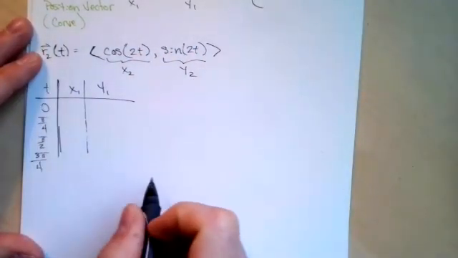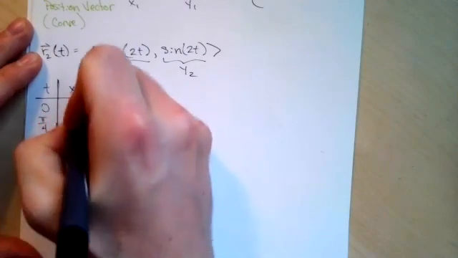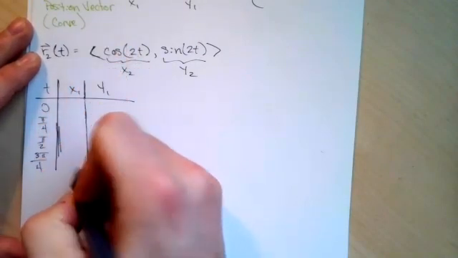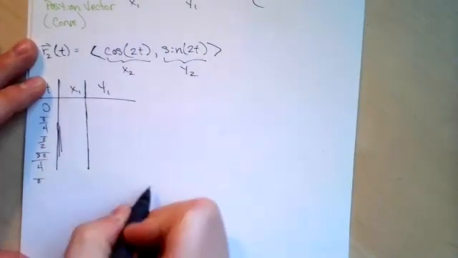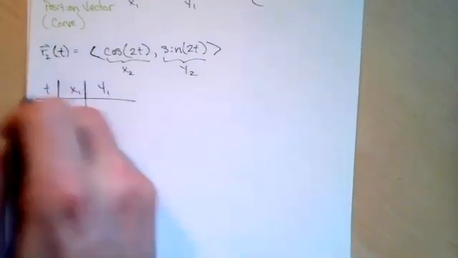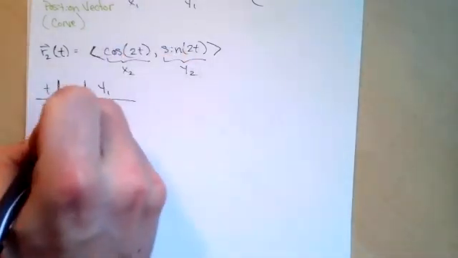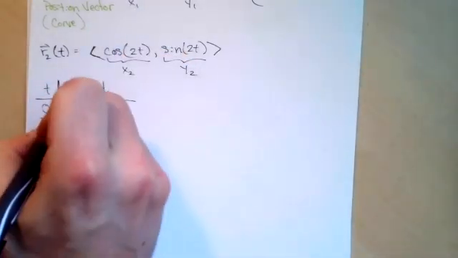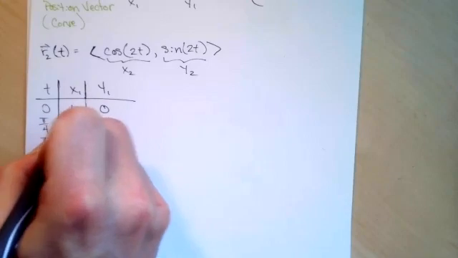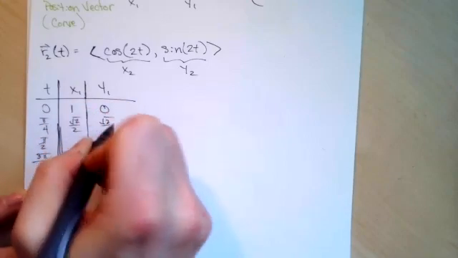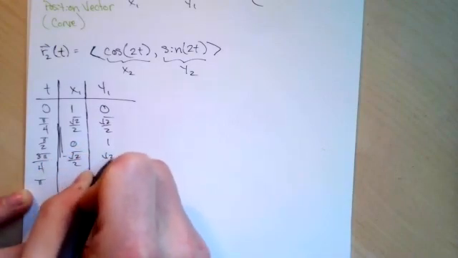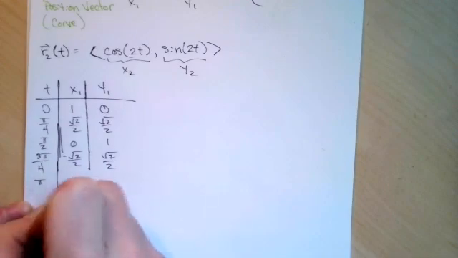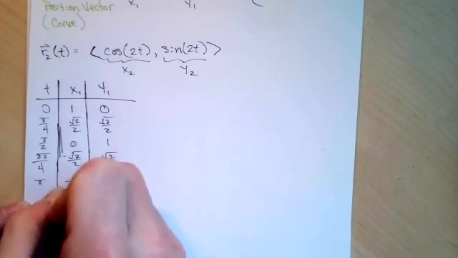So we can just put it all in the same table and graph, or at least try to graph, these two supposedly different curves on the same graph. And let's see, what do we get? We're starting with cosine, so we're going to start at 1, 0. We're going to go to root 2 over 2, then to 0, 1, then to negative root 2 over 2, root 2 over 2, and then to minus 1, 0.